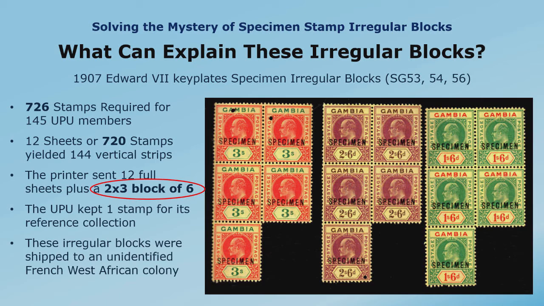I don't know which one. I'm not sure how anybody identified that it came from a French West African colony, but that's the explanation that came along with these stamps.